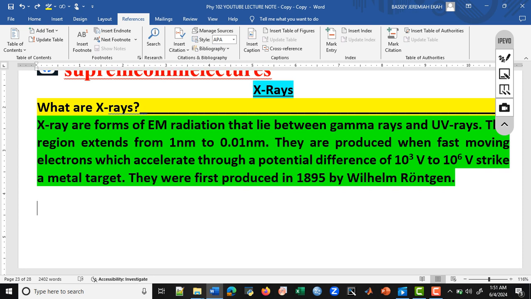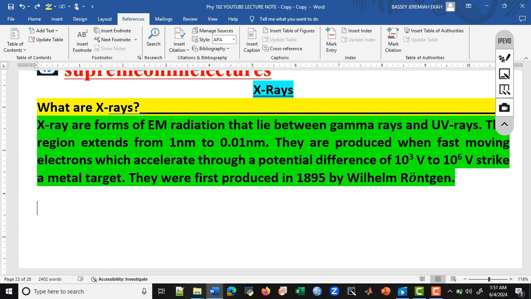Whenever we talk about the electromagnetic spectrum, starting from the short wavelength, we consider gamma ray before X-ray, before UV ray, and then visible light, then infrared, microwave, and the radio wave.